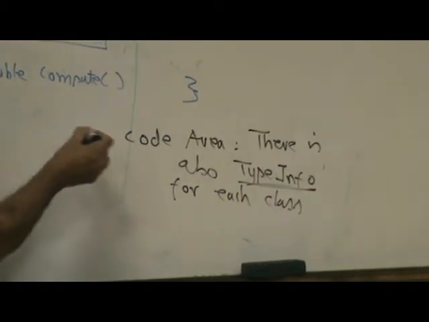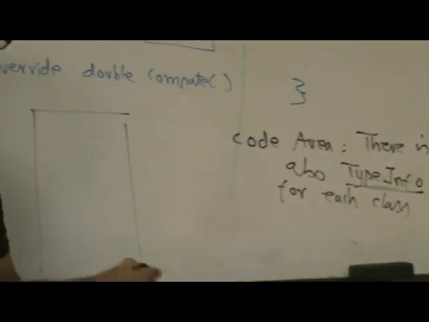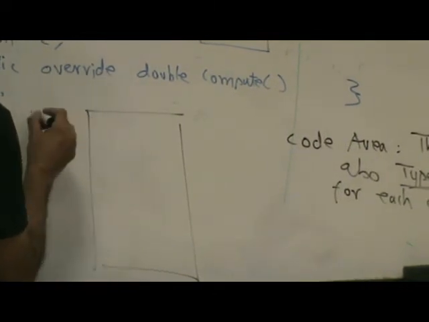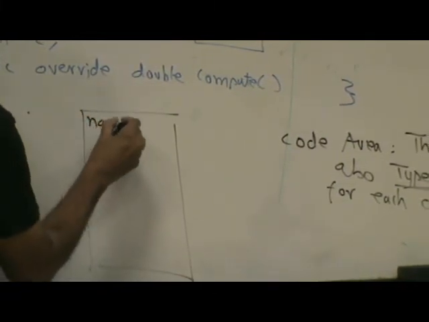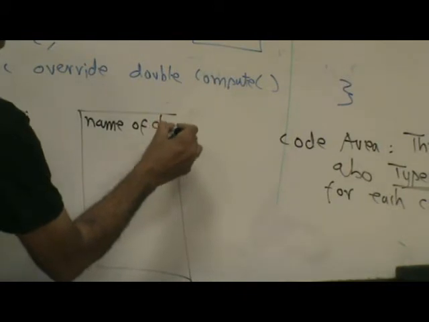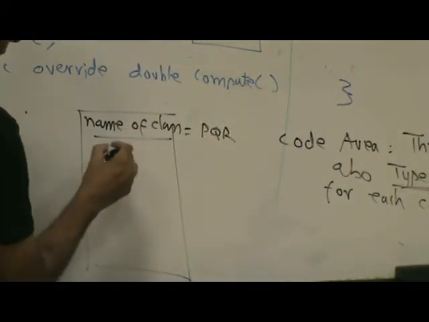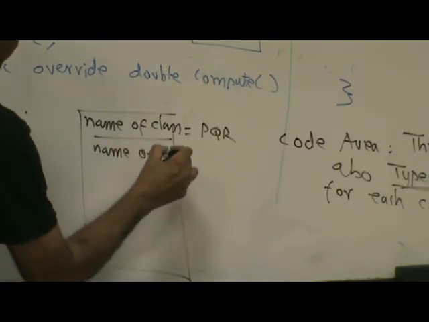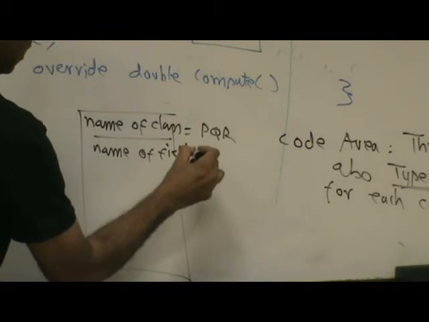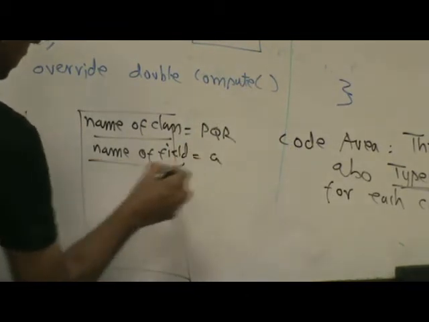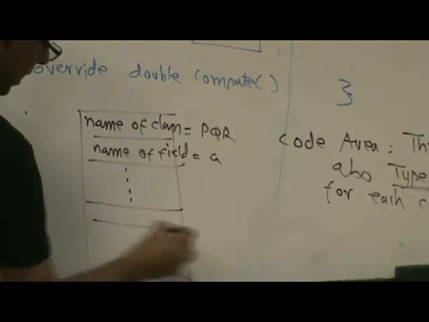Okay. What does type information contain? It contains many things. It contains, for example, name of class. For example, it will say PQR. It will say name of first field, for example, A, name of second field, name of method.